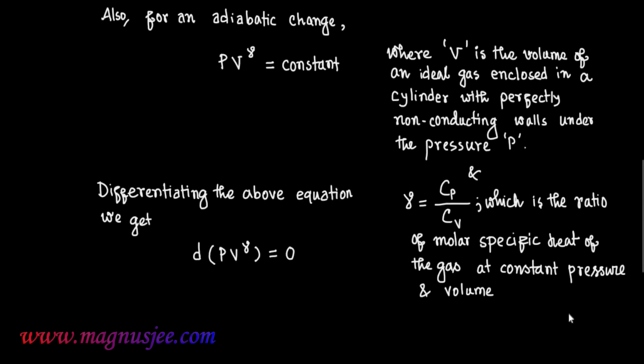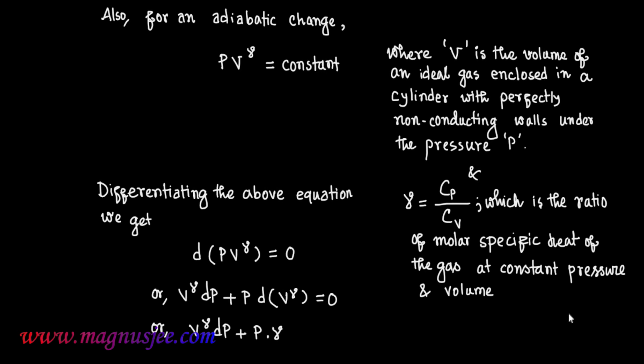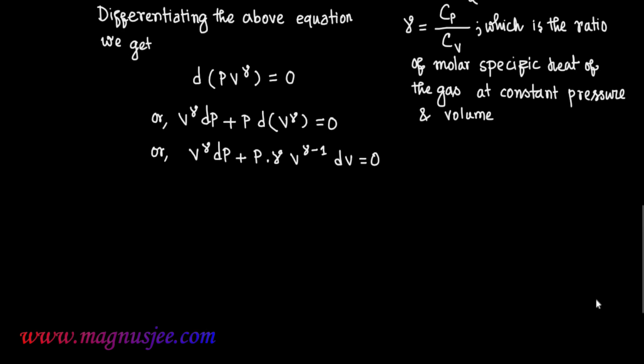d of PV to the power gamma equals 0, or V to the power gamma dP plus P d of V to the power gamma equals 0, or V to the power gamma dP plus P gamma V to the power gamma minus 1 dV equals 0. This is from the formula of differentiation. We know that d/dx of x to the power n equals n x to the power n minus 1.